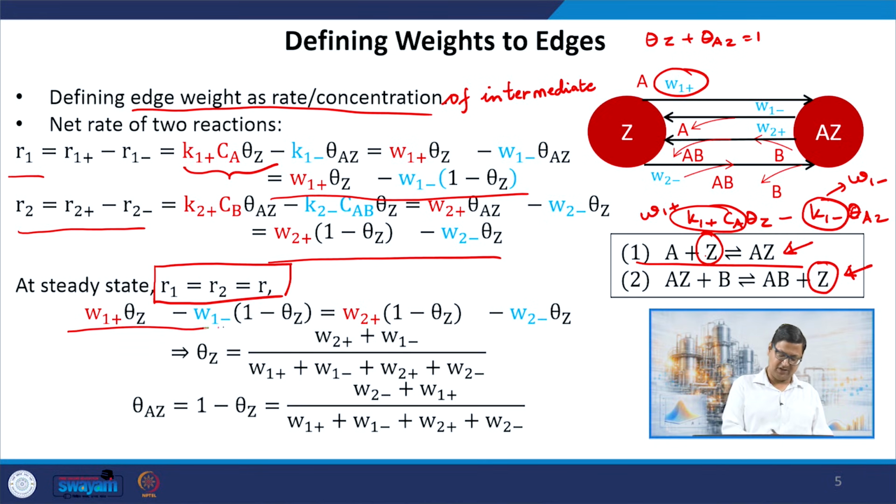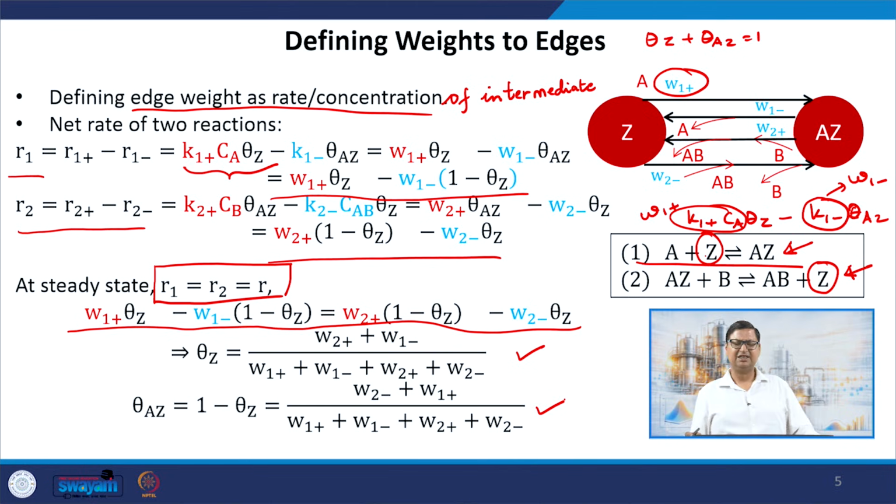And now we have an equation in terms of the edge weights, which I can now solve, and we can get the expression of theta Z and theta Az in terms of the edge weights in the graph. And we have 4 edge weights: W1 plus, W1 minus, W2 plus, and W2 minus.